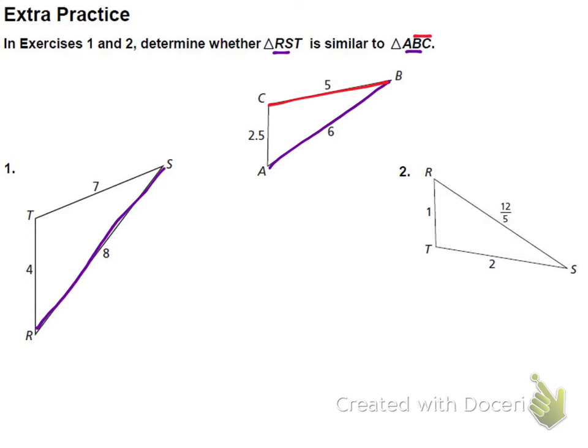BC corresponds with ST. And then last is AC, corresponding to RT. I'm doing them one at a time, so I'm ignoring the second one for now. I just want to figure out if the first one is similar to ABC.